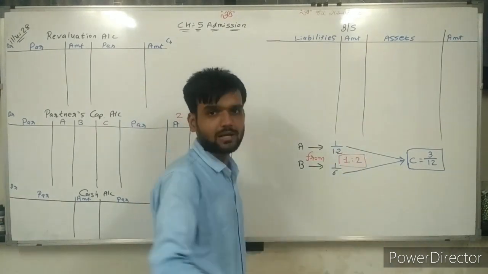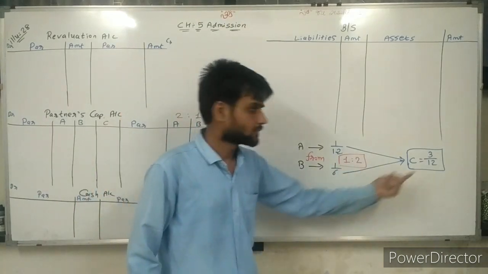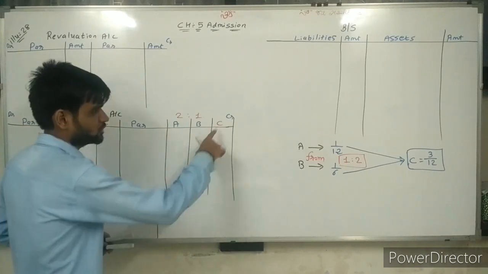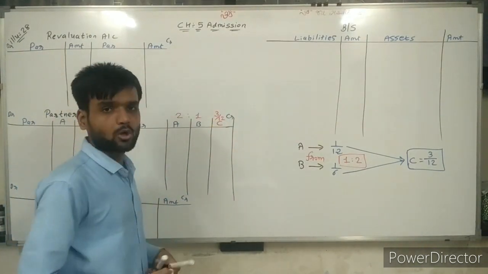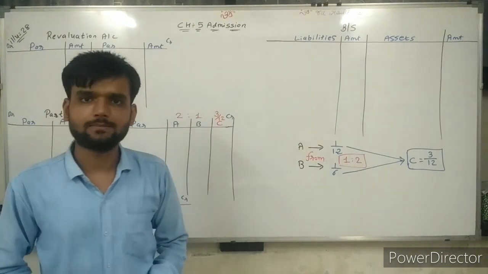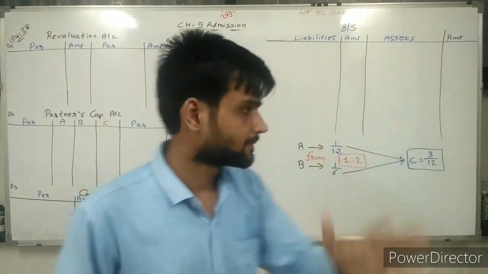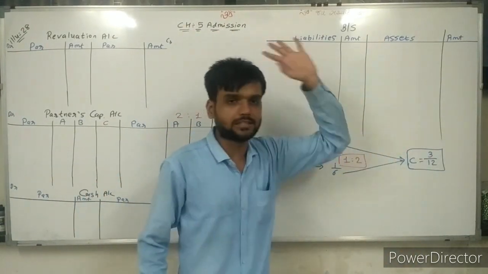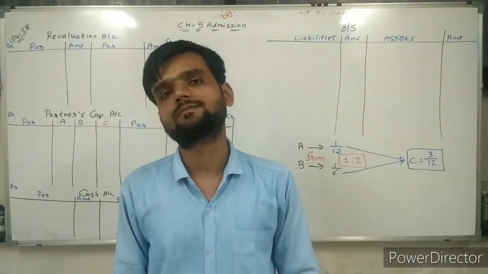So 1:2 is my sacrifice ratio, and C's new ratio is 3 upon 12. That's it. So C's share in future is 3 upon 12. Simple. So by reading the first adjustment, we have two things: the sacrifice ratio 1:2 and the new ratio of C.